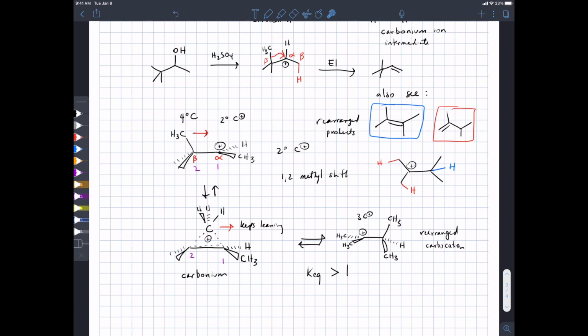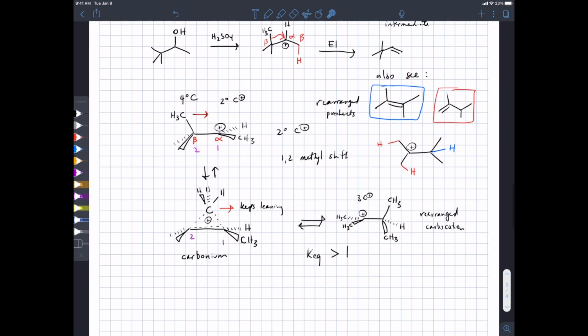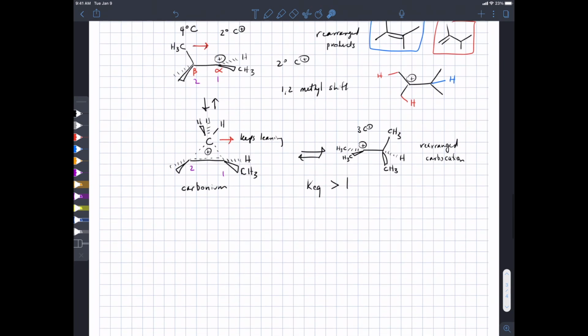All right. So another situation where this could occur would be if you had, say, a tertiary carbon adjacent to a secondary carbocation.